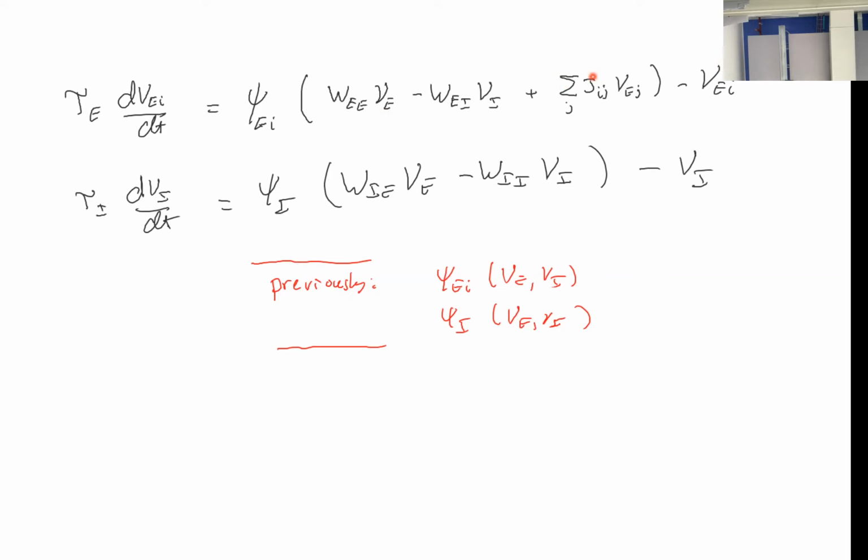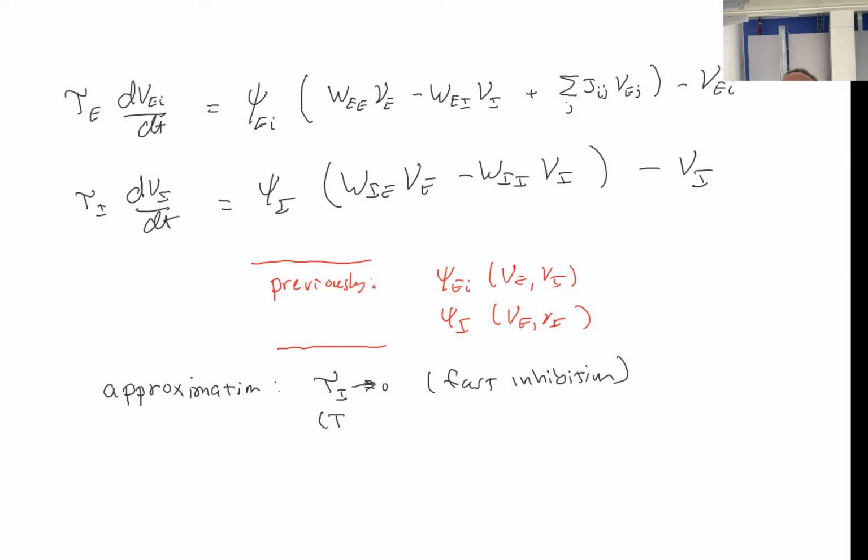Okay, so we're going to make an approximation. It's really mainly for convenience. So approximation: tau I equals 0. So fast inhibition, or infinitely fast inhibition. Okay, it doesn't actually reach 0, it just goes there. It has to be sort of much smaller.